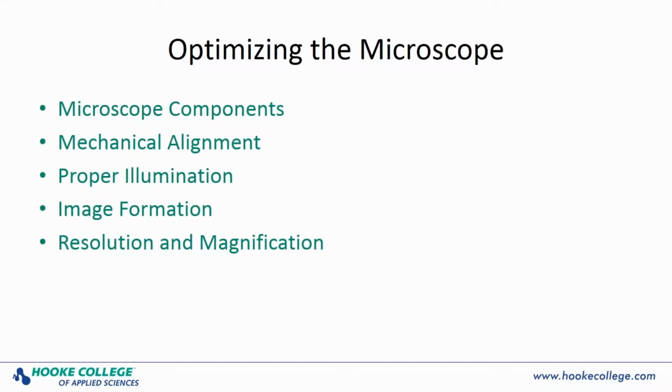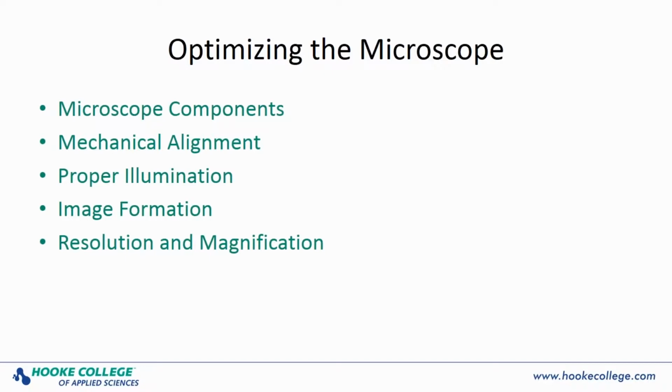Higher magnification within certain limits usually results in better resolution or better detail. However, it's accompanied by a loss in light intensity, a loss in working distance, a loss in depth of field, and a decrease in field of view. In other words, there's a compromise. There are advantages and disadvantages to using higher magnification.